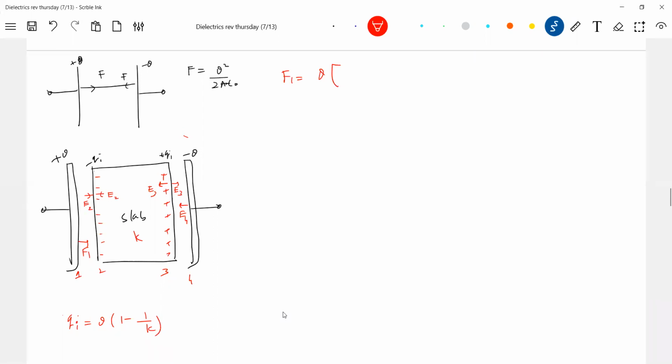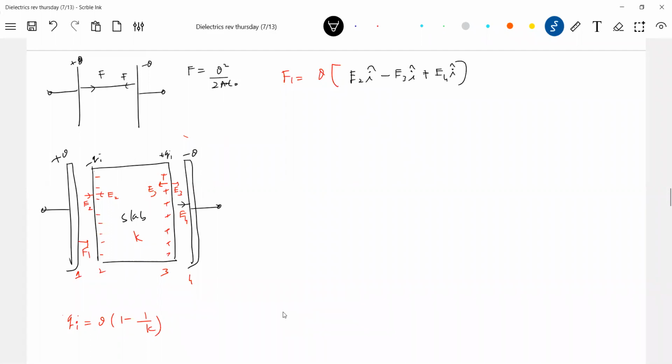So this should be equal to E2 i cap, minus E3 i cap, minus E4 i cap. Okay, we'll do one thing. Negative, no, it should be plus E4 i cap.